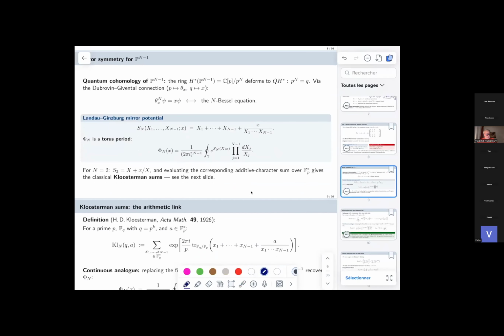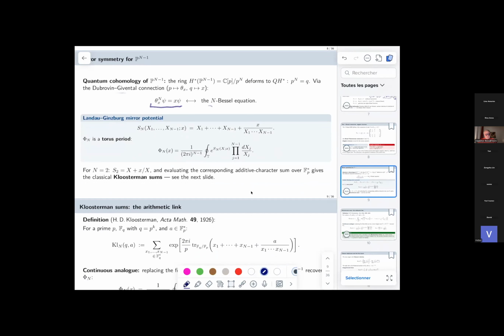I promised to say how it relates to mirror symmetry from the very beginning. So let's consider again this theta_n minus x operator, or n-Bessel equation. Of course, it is intimately connected to Givental's approach to mirror symmetry of projective space.